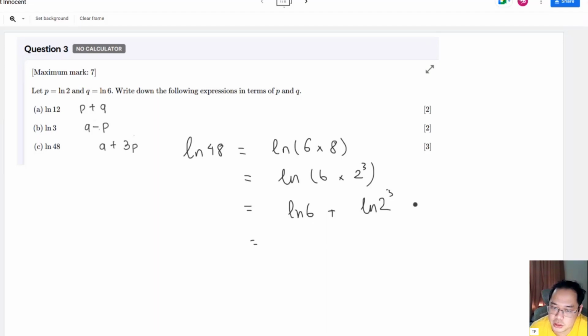This is the most important step. And then the last step, so for 3 marks: ln 6 is Q, and here we bring the indices to the front, 3 times P. 1 mark, 2 marks, 3 marks. Okay, don't be lazy.